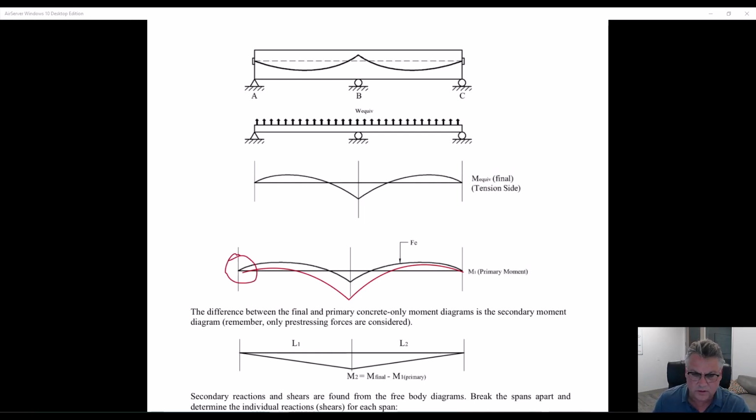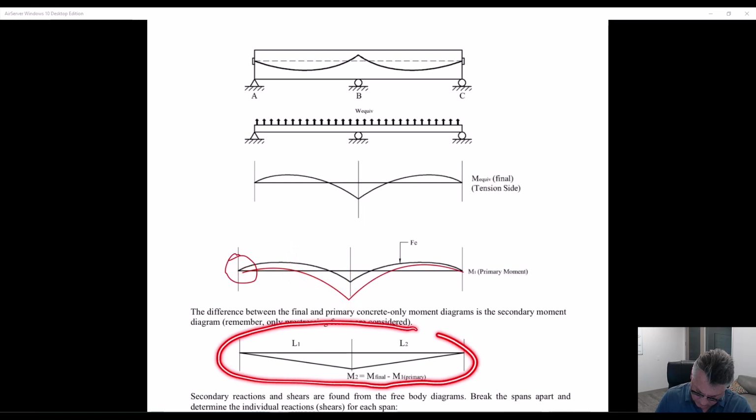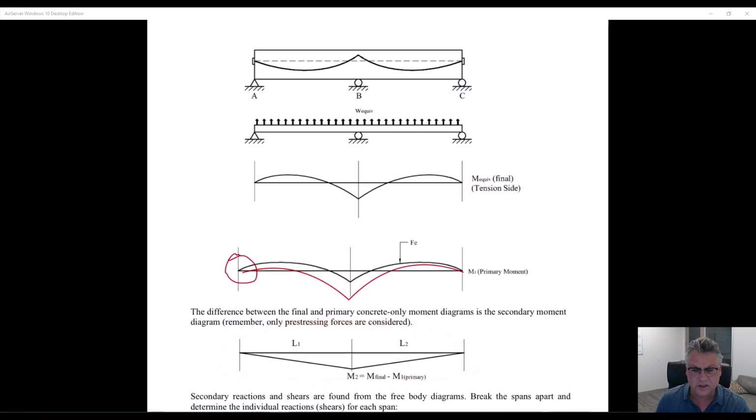If those started at 0, everything would be great. The difference between these two diagrams, building from 0 here to the largest point here, is actually this diagram. It's actually linear, building to a maximum here, starting at 0 here.